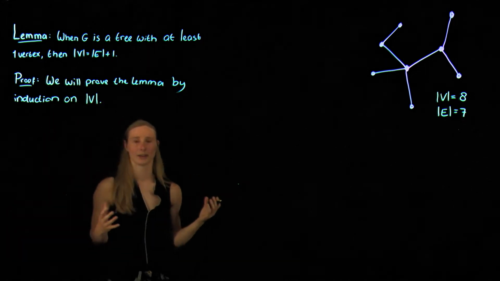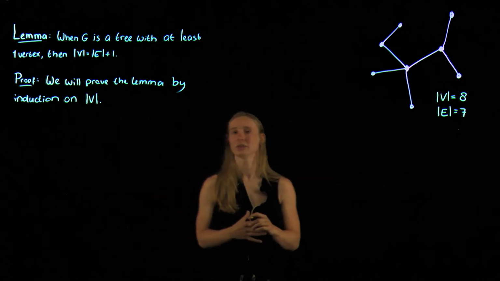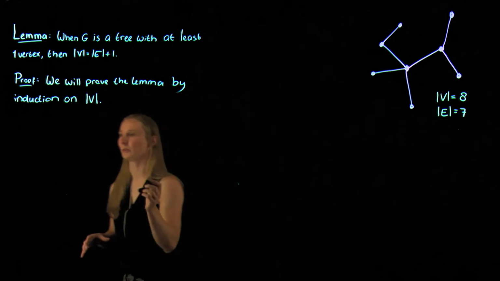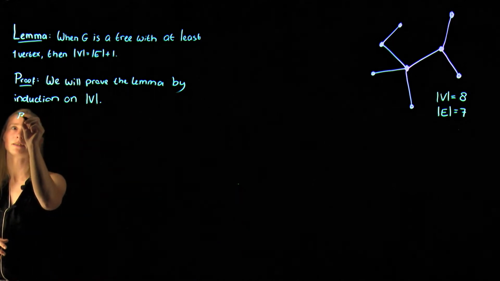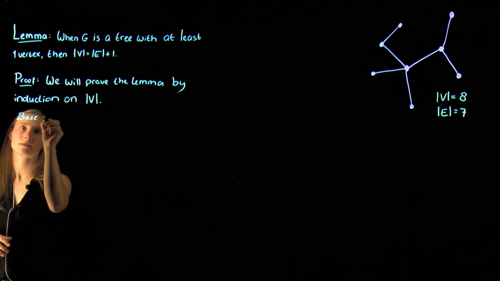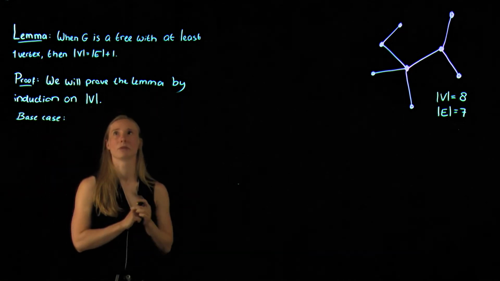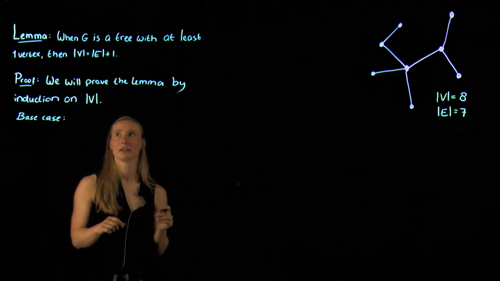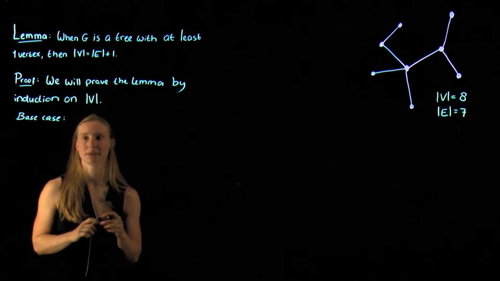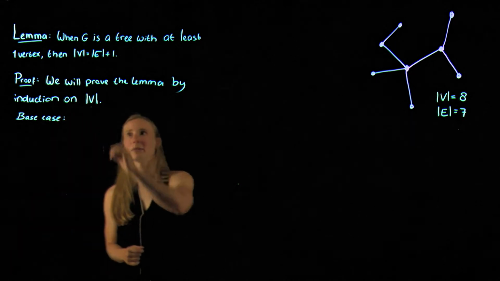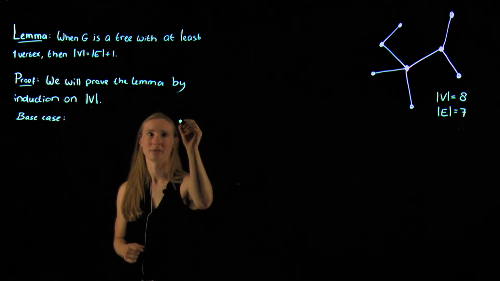And then the first step in induction is always to look at the very smallest case. We call this the base case. The smallest number of vertices that we can think of is 1 because we need to have at least one vertex, the statement says. So that is just a graph with only one vertex.